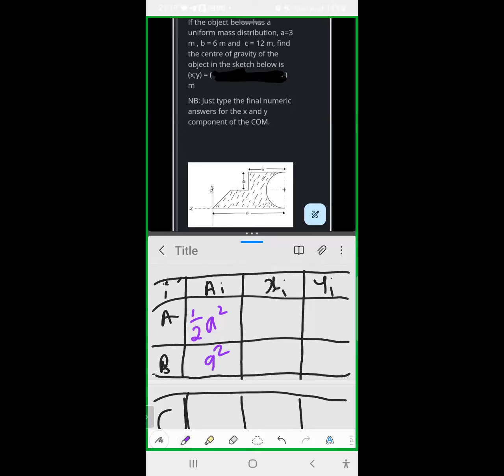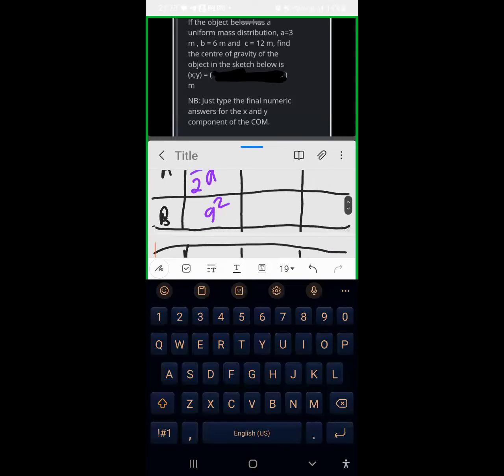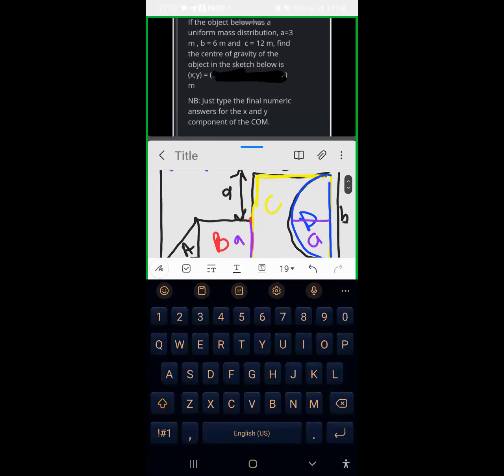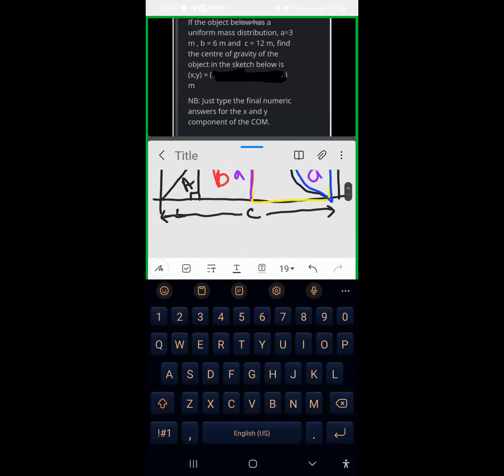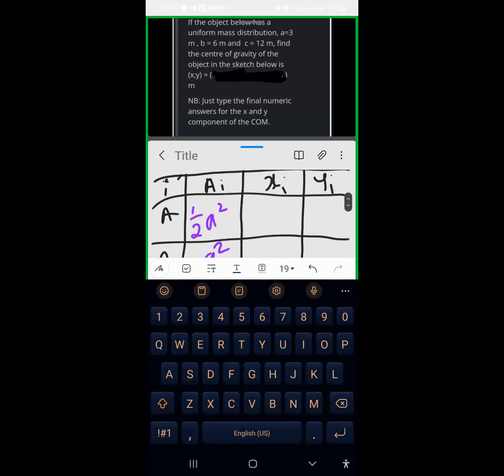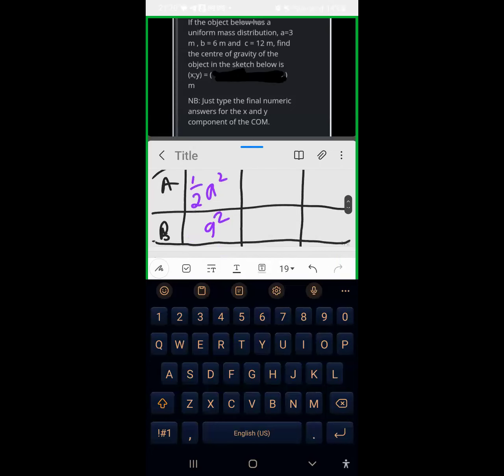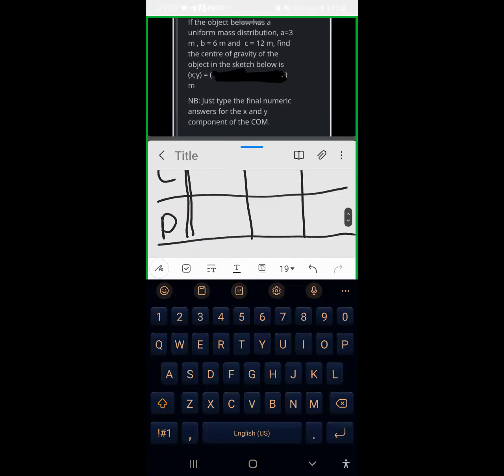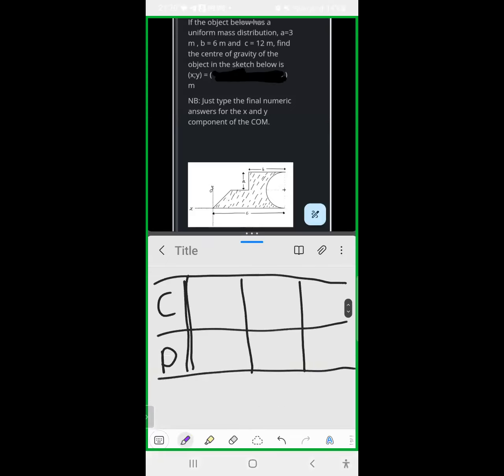Now for C, we have also a square with a base which is 6 units, that is B units, and the height which is 6 units as well. Therefore, our area for C will be B times B, which is B squared.